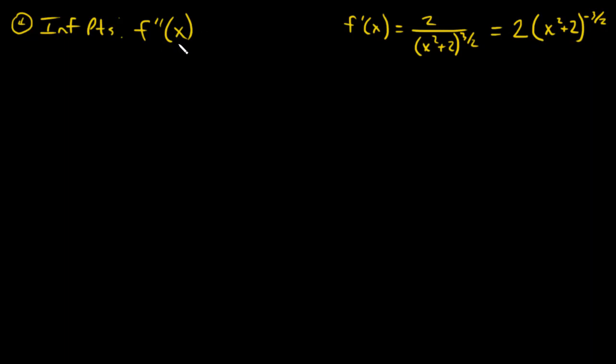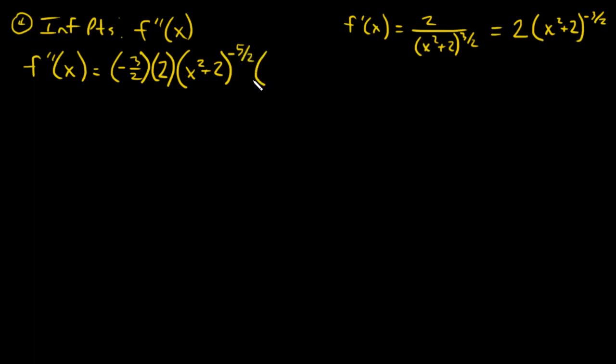Now I can find this second derivative by doing a power rule. So if I do that, I'm going to wind up with, let me start here, f double prime of x is equal to, well, it's the exponent times the coefficient in front of it, so negative 3/2 times 2, just to make sure that that 2 isn't forgotten, times the function x squared plus 2 to the, well, I'm going to subtract 1, so negative 3/2 minus 1 is negative 5/2, and then I have to multiply by the derivative of the interior, which is 2x.